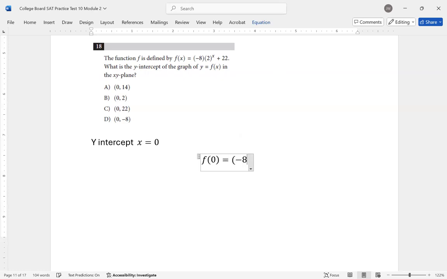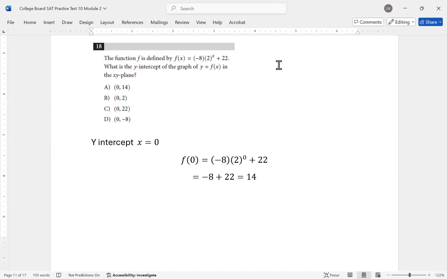We'd end up with -8 times 2 raised to the 0th power plus 22. And now all I have to do is order of operations. We'd get -8 times 1 plus 22. That's just negative 8 plus 22, which is equal to 14.